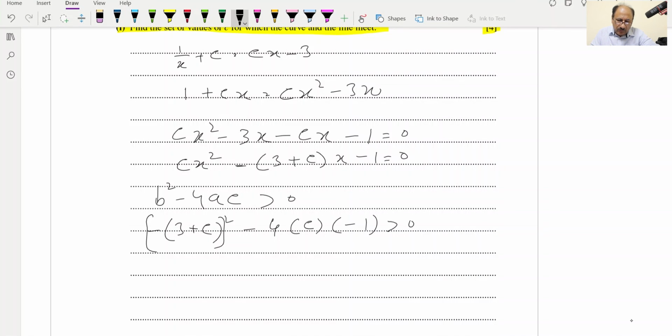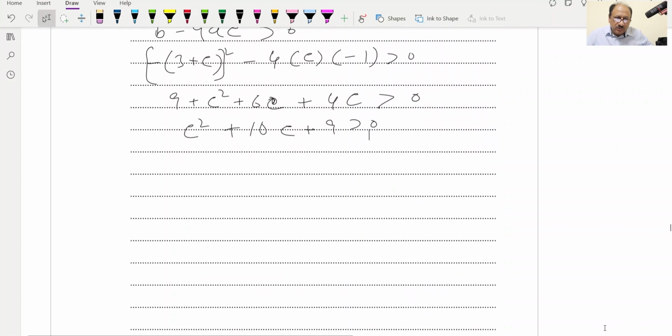If we open the square, it will be 9 plus c squared plus 6c, and this will be minus minus 1, so plus 4c is greater than 0, so c squared plus 10c plus 9 is greater than 0.